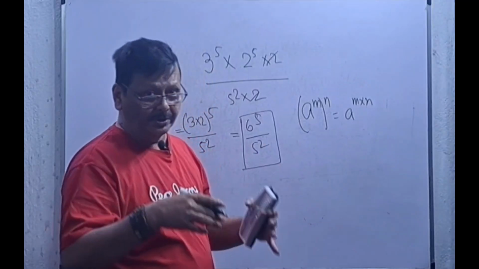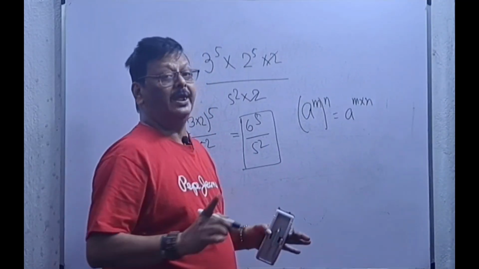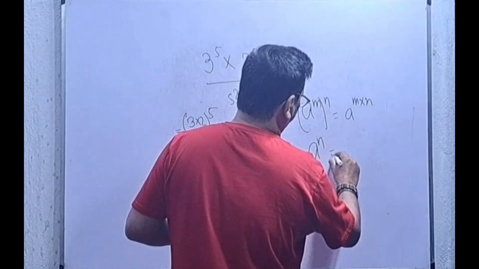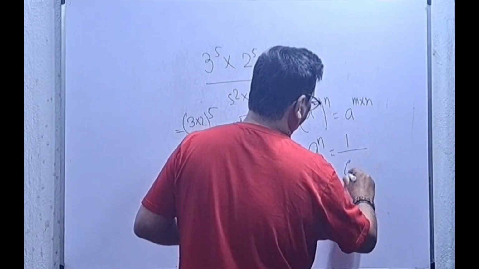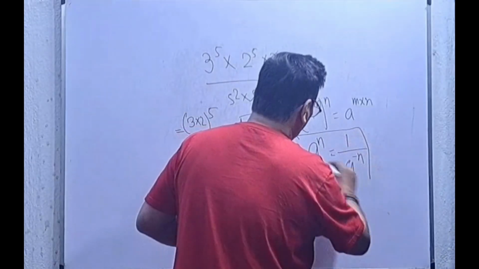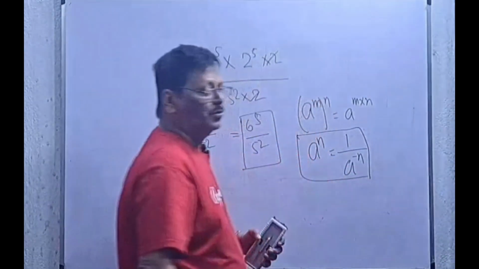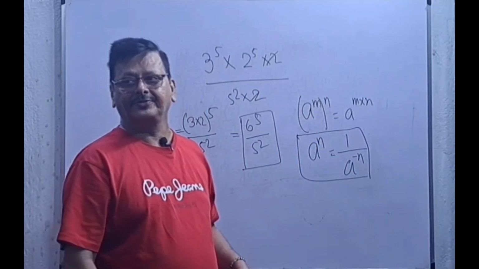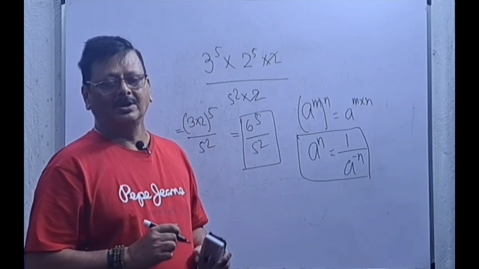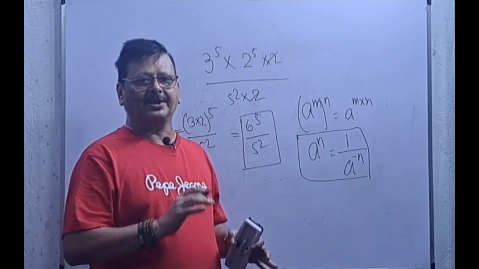And we'll introduce the concept of negative index, like a to the power of n is equal to 1 by a to the power of minus n. So this will be something which is, to most of the students, pretty confusing and somewhat difficult to understand. We'll make that easy.